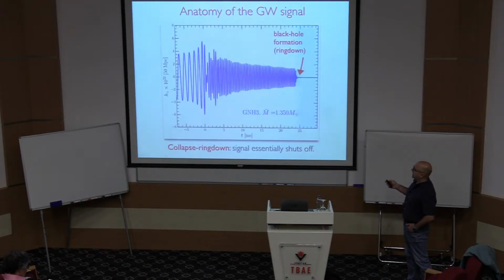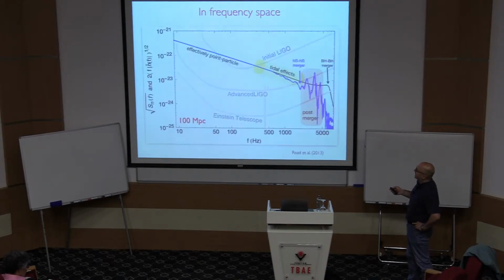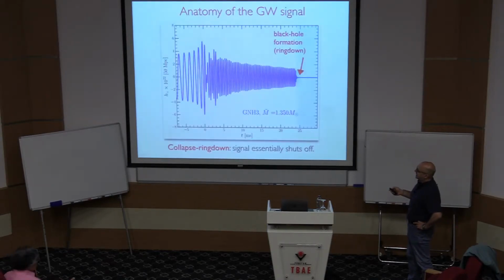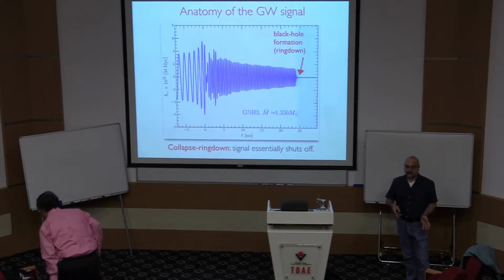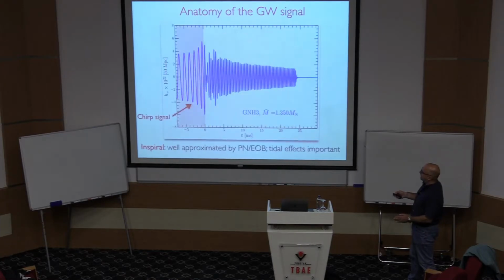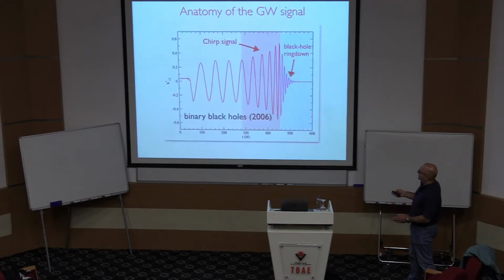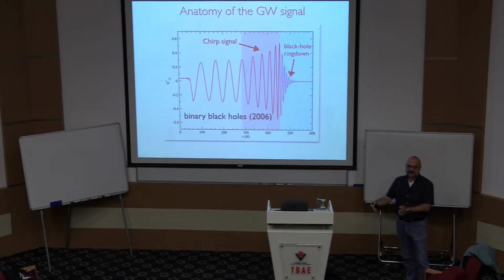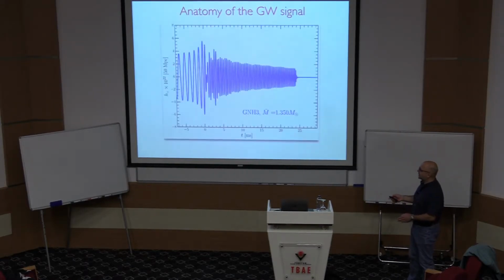And then the hypermassive neutron star collapses and produces a ring down. So if you want to compare black holes versus neutron stars, essentially it's all this piece in between. In the case of black holes, it's just chirp and ring down because there is nothing that can happen in between. In the case of neutron stars, there is all of this signal.